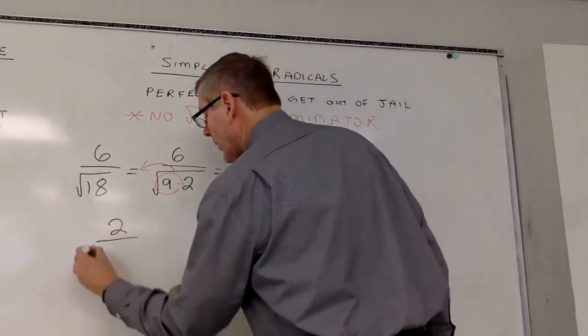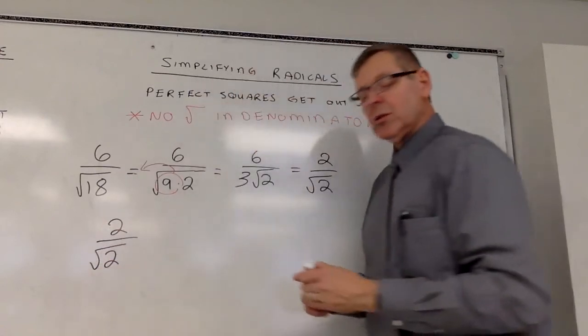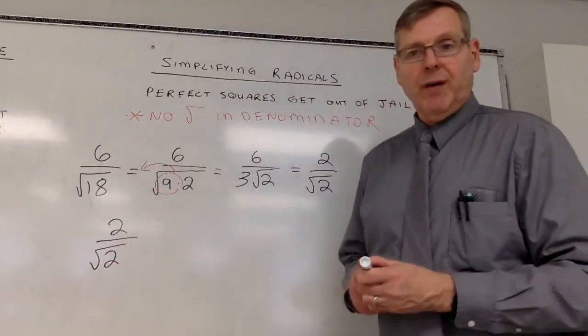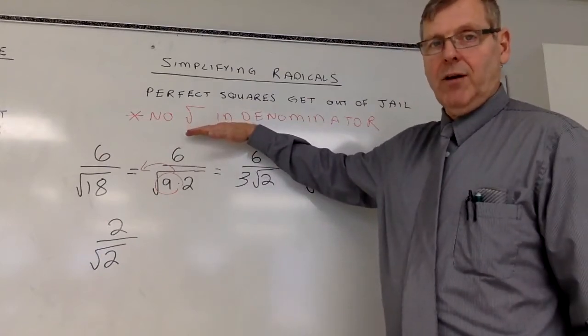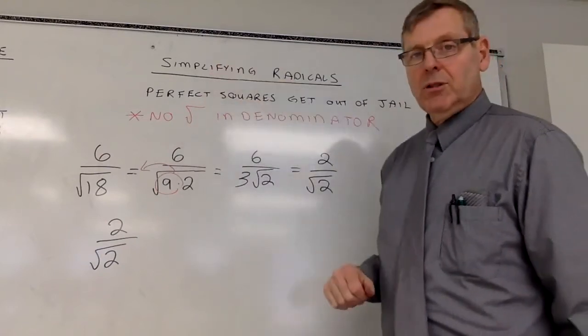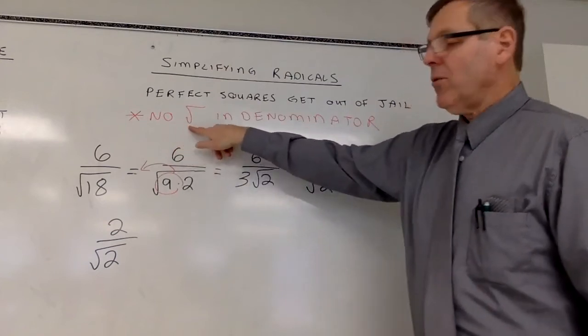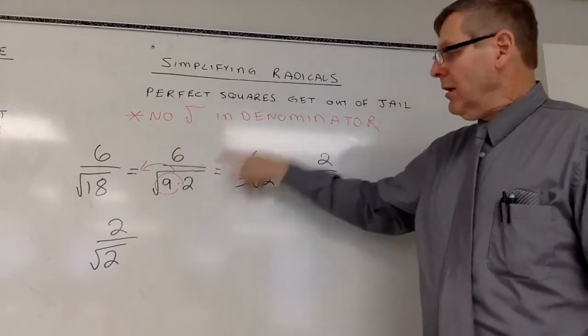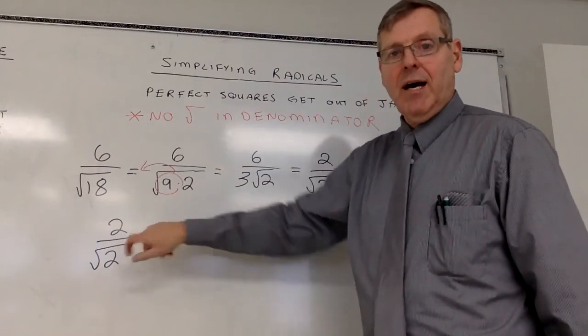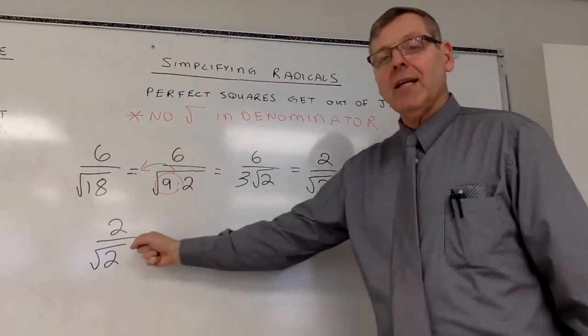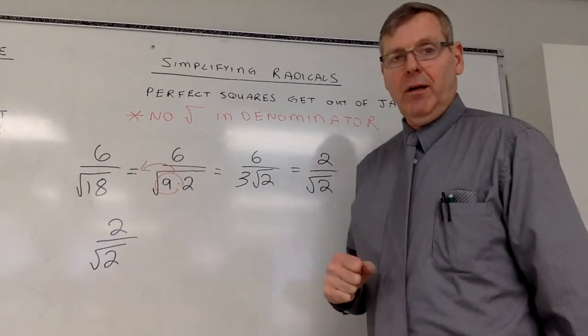2 over the square root of 2 looks like it is fully simplified, but it is not. There's another rule in mathematics that we have to follow. No radical is fully simplified if there is a radical in the denominator. Notice this square root of 2 is in the denominator. So I have to get that square root of 2 out of the denominator.